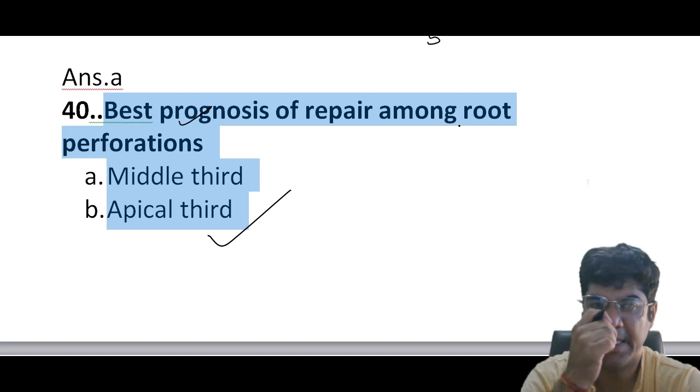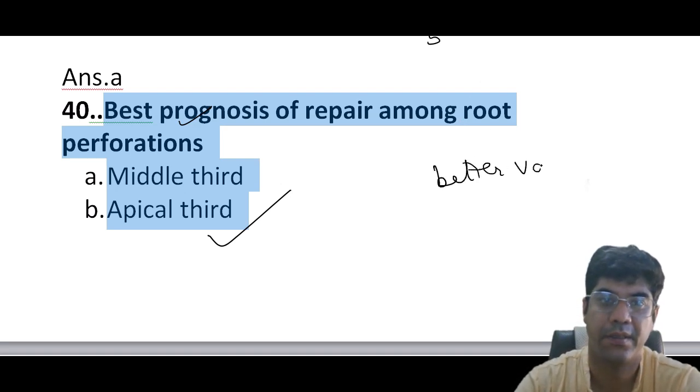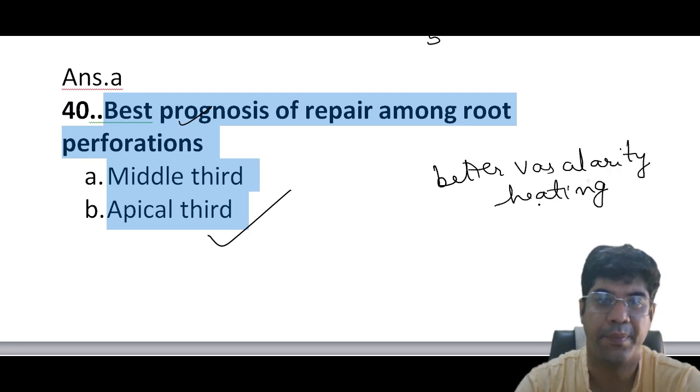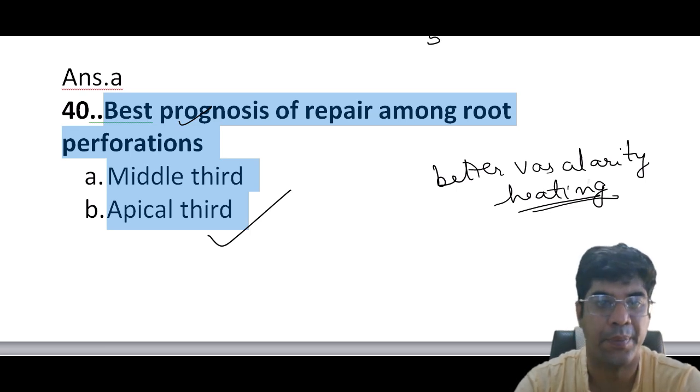The apical region has better vascularity and healing potential. That is why repair is usually more favorable, allowing for better visualization and manipulation during the repair procedure. So that is why the answer is apical third.